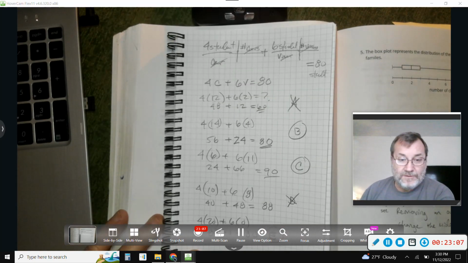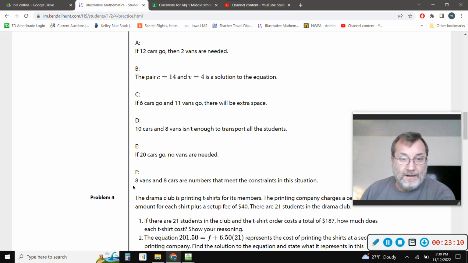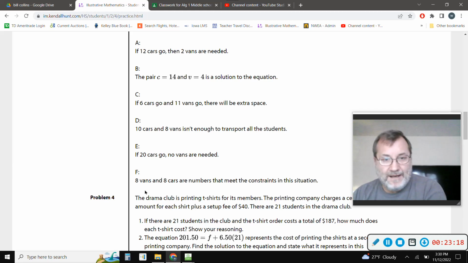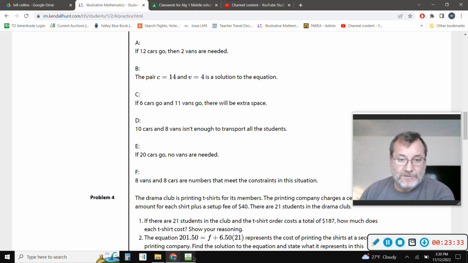And we're moving on to Foxtrot now. 8 vans and 8 cars are numbers that meet the constraints of the situation. Let's see if this is true. Does it actually meet the constraints? Now here they got 8 cars and 8 vans. And we want to know if it fits the constraints.